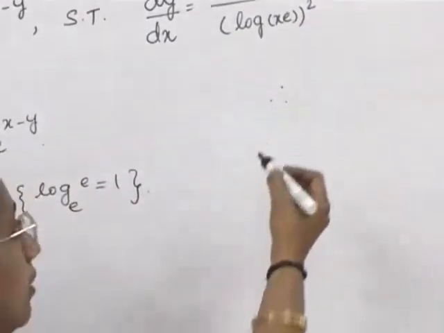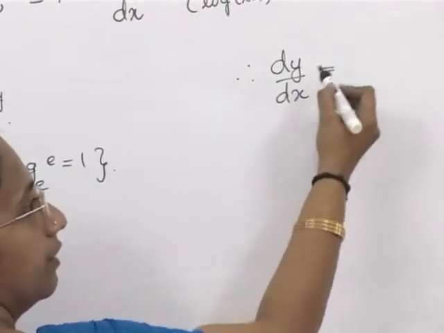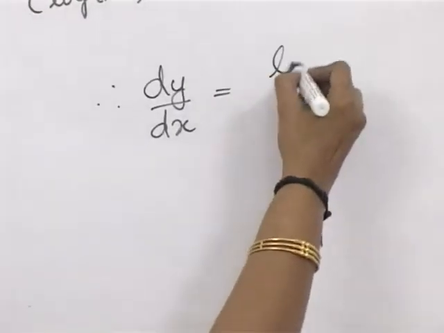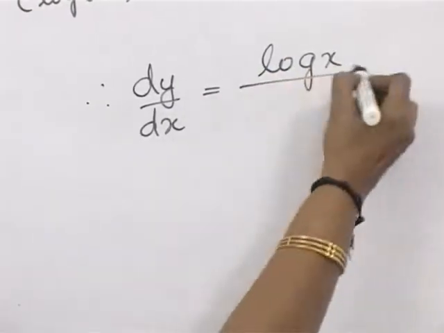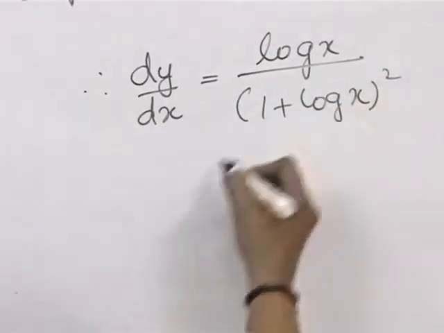Therefore, dy by dx is equal to log x divided by 1 plus log x the whole square.